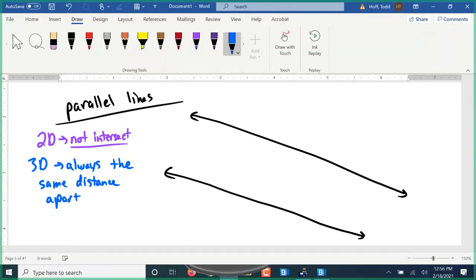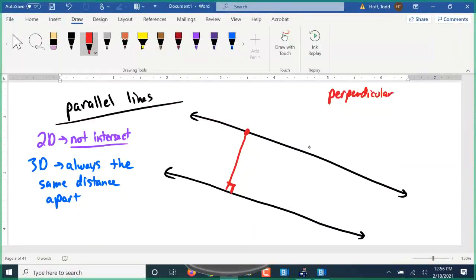Now, to measure the distance between lines, we pick a point on one of the lines. Let's pick that point on that first line, and we measure the distance to the other line. That distance from a point to a line is measured at what we call a perpendicular. Remember, perpendicular is the right angle. So this little right angle down here indicates that that's perpendicular.